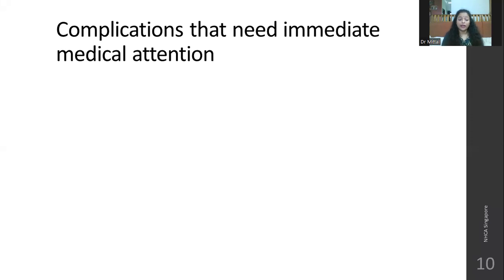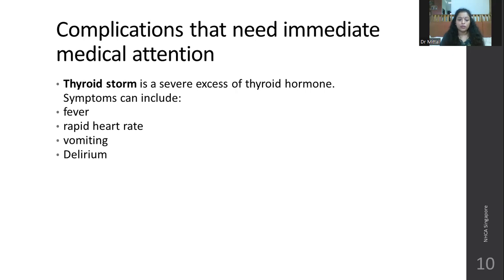Complications that require immediate medical attention: in this case, the patient has to go to the emergency room immediately. Thyroid storm is a severe excess of thyroid hormone. Symptoms can include fever, rapid heart rate, vomiting, and delirium. Delirium is when you are disassociated from where you are and who you are. You do not have any idea what your surroundings are, what you should say, or how you should act.